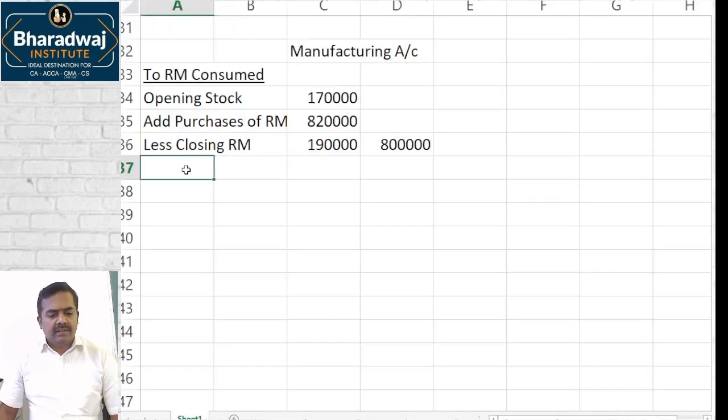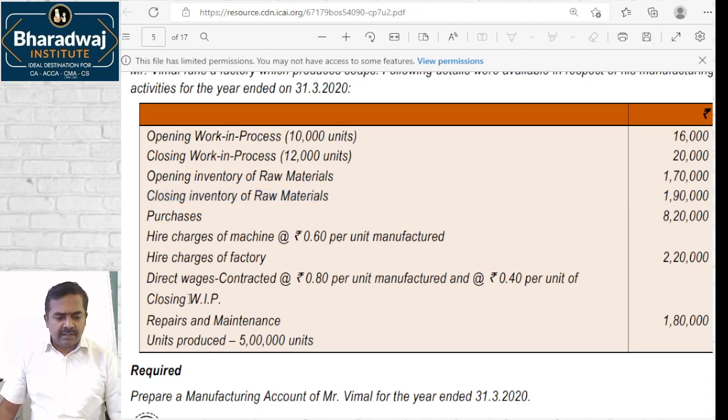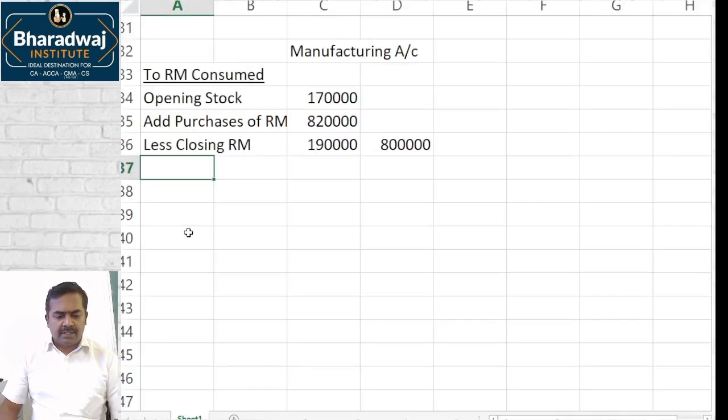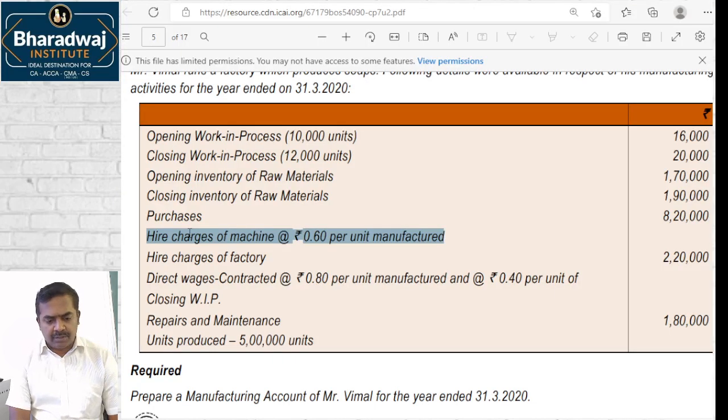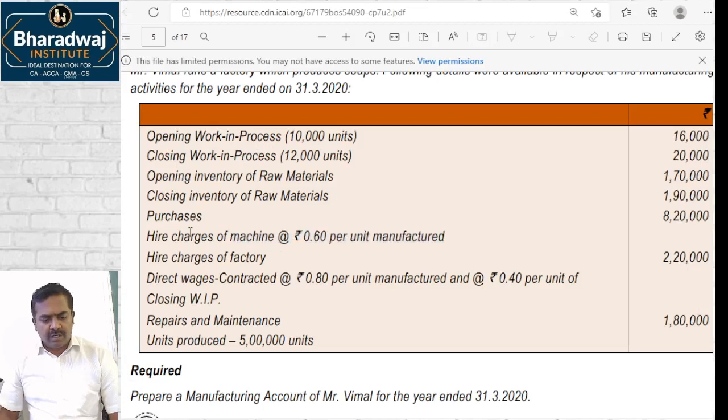Then debit all the other expenses. Where is an expense? Hire charges of machine. We need not consider the linear output and frame cost, we can directly record. Hire charges of machine. Is it factory or machine that is given? Machine: 5 lakh units manufactured at how much per unit? Look at hire charges, 60 paise per unit manufactured.